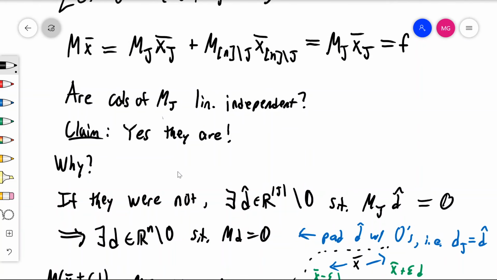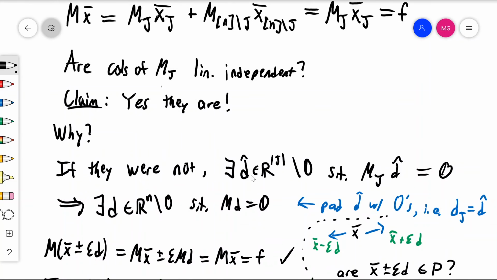Well, if they weren't, then you'd have some non-zero vector d hat with cardinality of J components, such that M sub J times d hat gives 0. So you'd have a non-trivial vector in the null space of M sub J. That is, there's some linear dependence amongst the columns, which is what we're assuming, because we're trying to contradict ourselves to show that the columns actually are linearly independent.